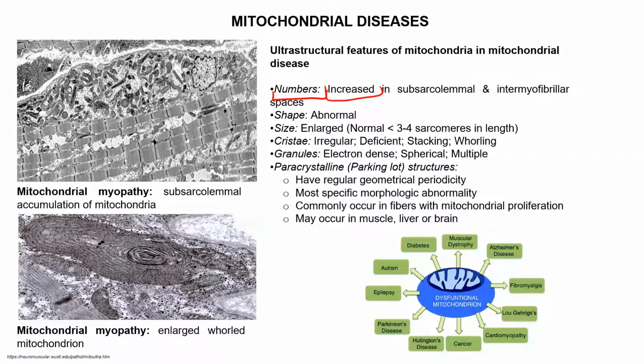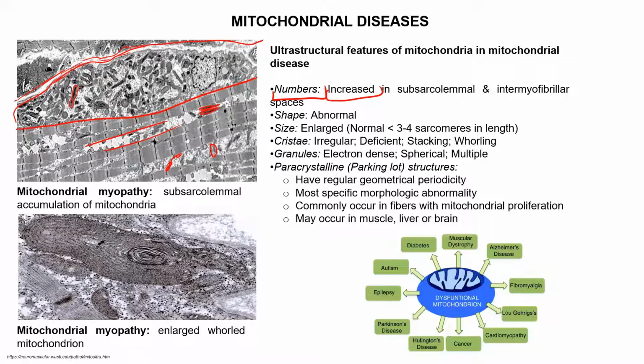So you can see here that we have fibers with very few mitochondria, and a lot of them outside of these fibers below the membrane of this cell, which means that they are accumulated there, and most probably they don't work as they should. Also, they are of very strange shapes.